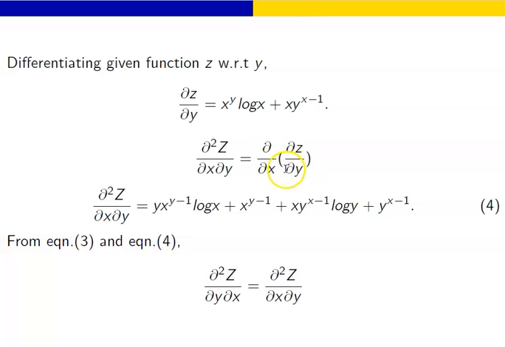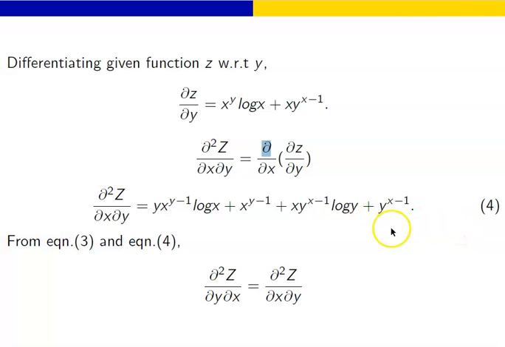Again we have to use the chain rule, because this is a combination of two functions, both having functions of x. These are two different functions, x and y to the power x minus 1. So what is the chain rule? Using the chain rule, we get the answer, that is dou 2z by dou x dou y is y x to the power y minus 1 log x plus x to the power y minus 1 plus x y to the power x minus 1 log y plus y to the power x minus 1.